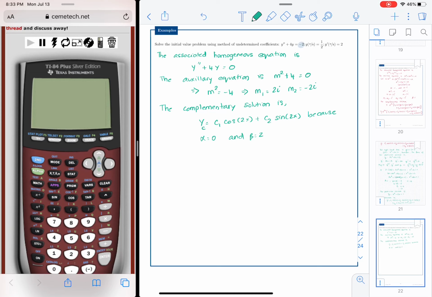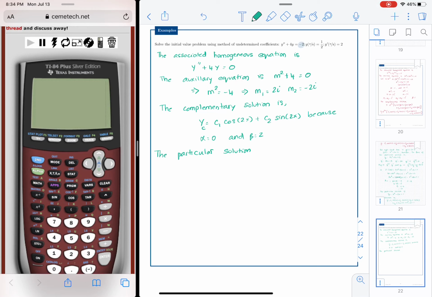Now we have to go for the particular solution. So the particular solution in this case is simply a constant. We have the right-hand side to be negative 2. So since it is a constant, we know from the table earlier that we can directly plug in A and then solve for C1 and C2.